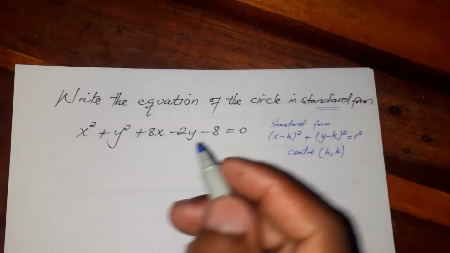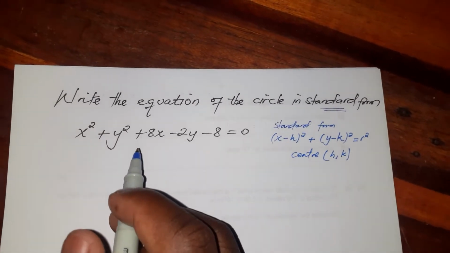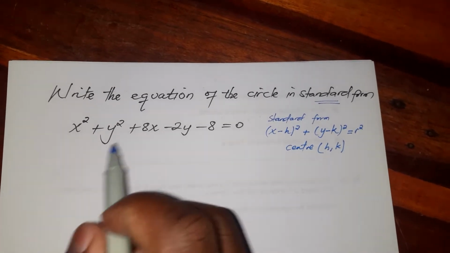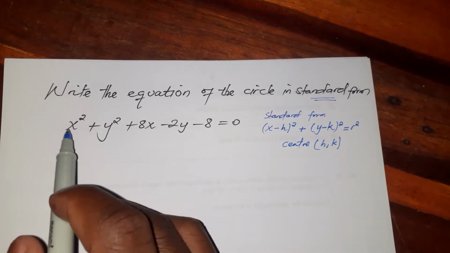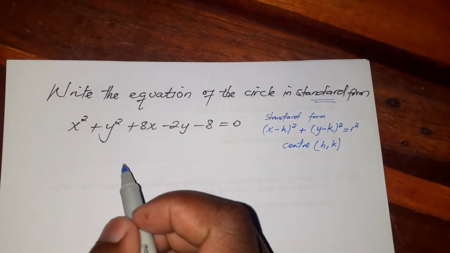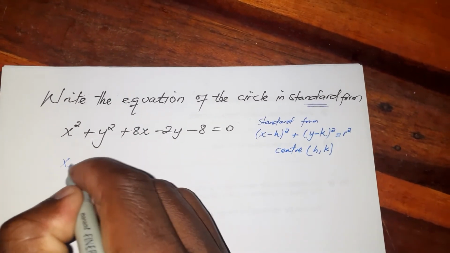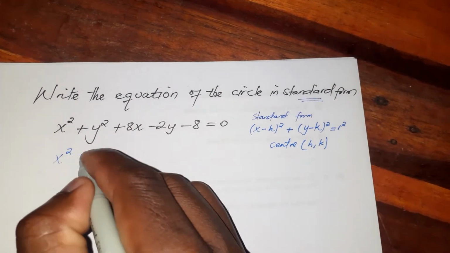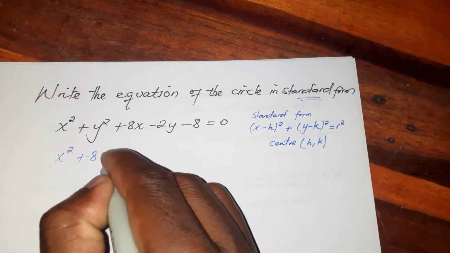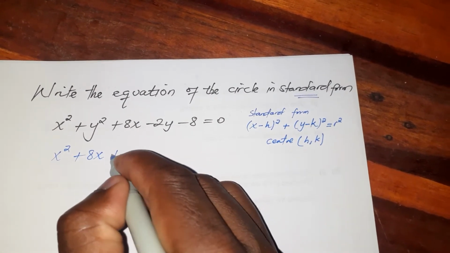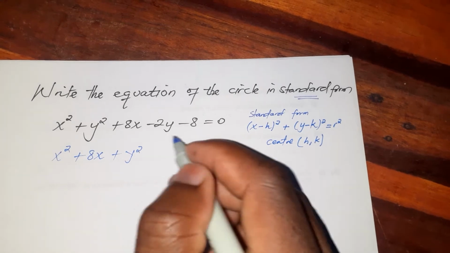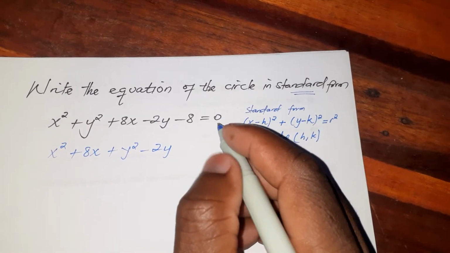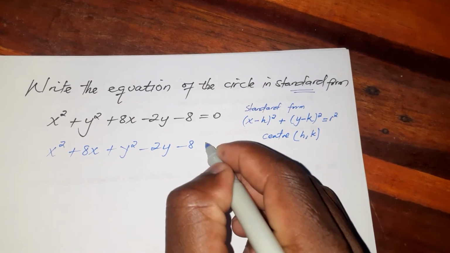Now let's go ahead and rewrite this general equation of a circle into the standard form. What we need to do first is to group the variables. In our case, we should have x squared, and then we bring the positive 8x, and then positive y squared, and then minus 2y, and then minus 8.